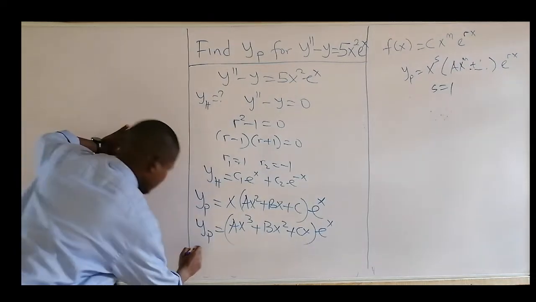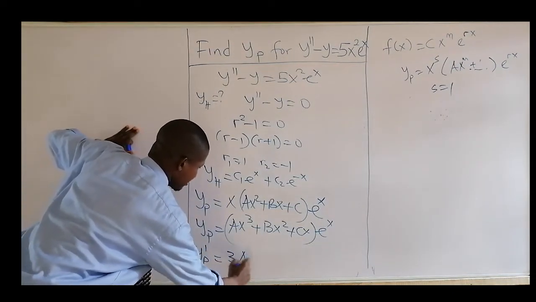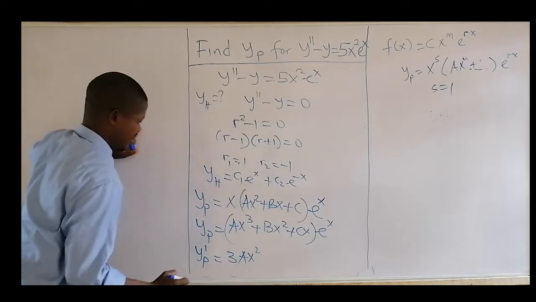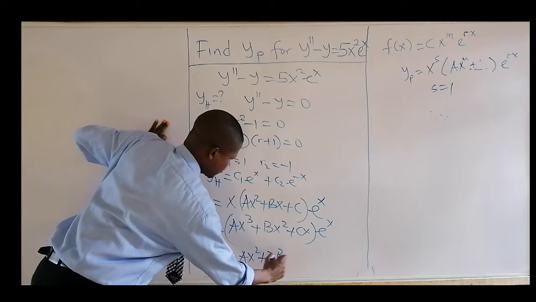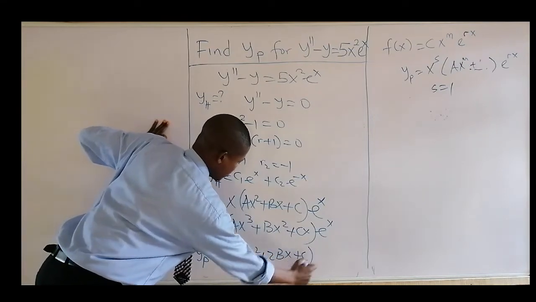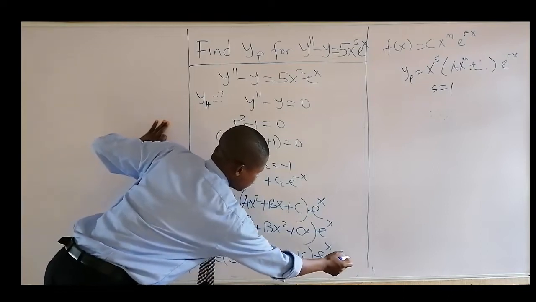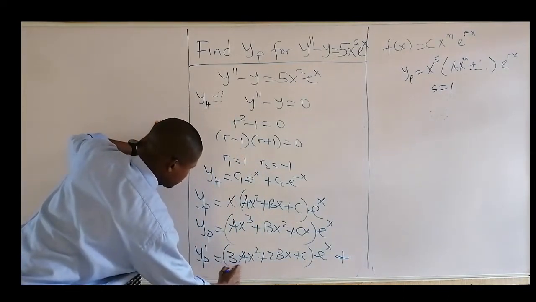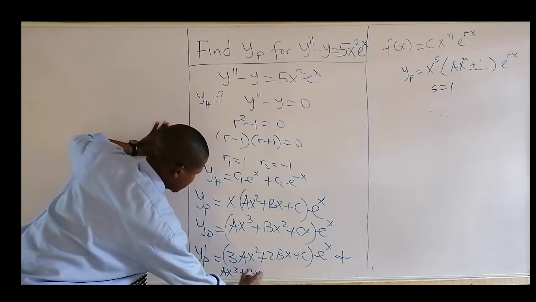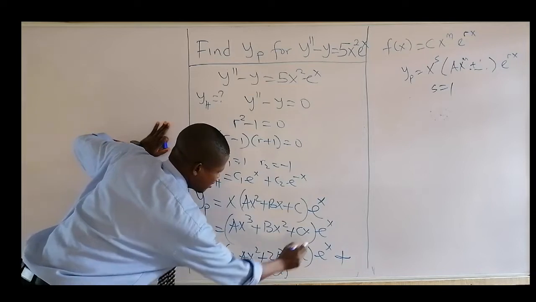So then we can get the first differential, yp' equal to (3ax squared plus 2bx plus c) e^x, then plus (ax cubed plus bx squared plus cx), then differentiate the exponential.